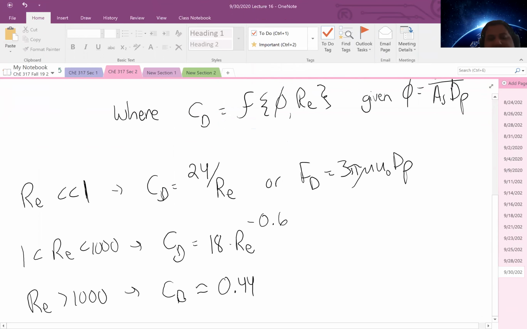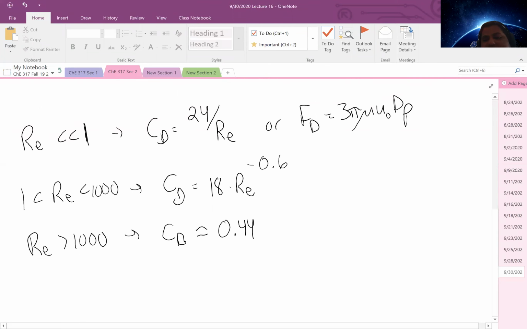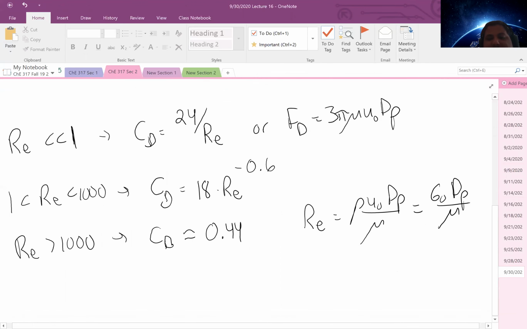So depending on the system, we can solve for our Reynolds number, which is rho u naught diameter of P over mu, or G naught diameter of P over mu, identify our drag coefficient, and then solve for our drag force.